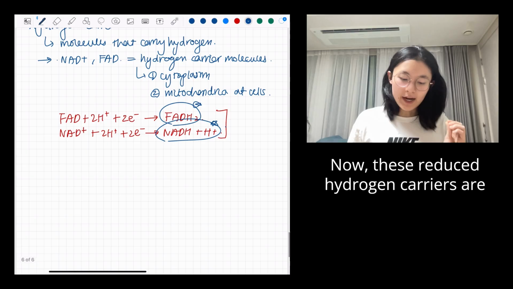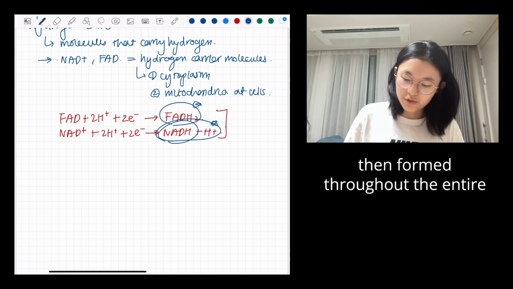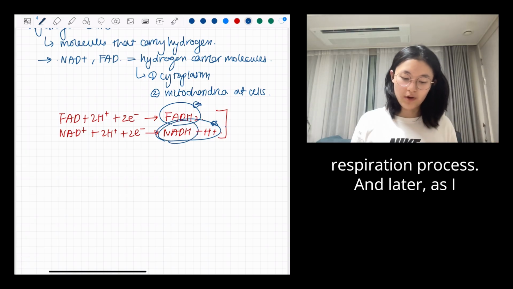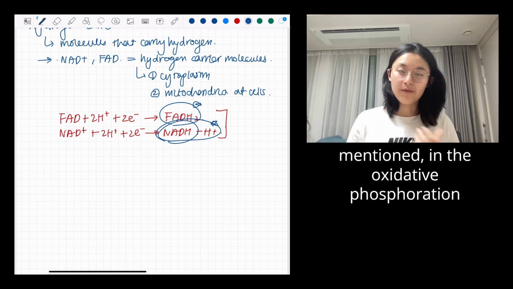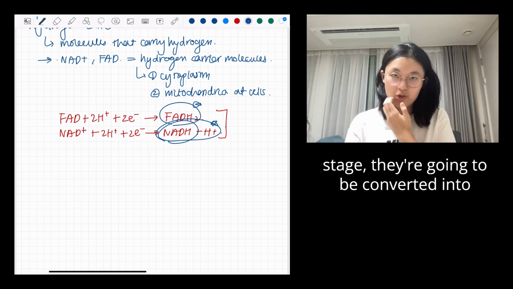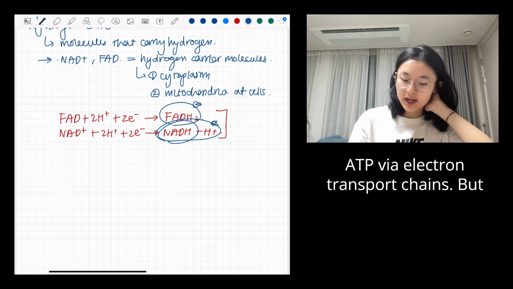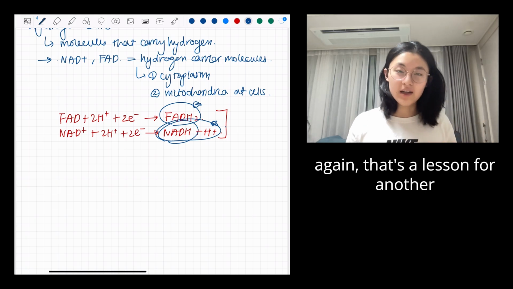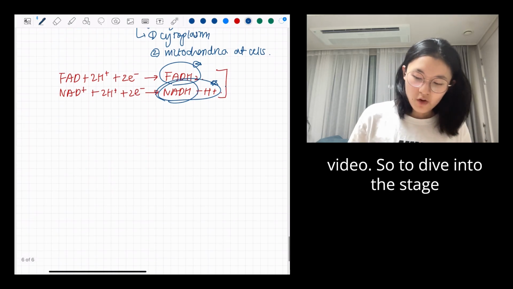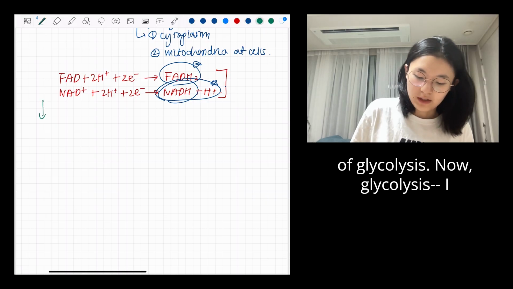Now, these reduced hydrogen carriers are formed throughout the entire respiration process, and later, as I mentioned, in the oxidative phosphorylation stage, they're going to be converted into ATP via electron transport chains, but again, that's a lesson for another video.